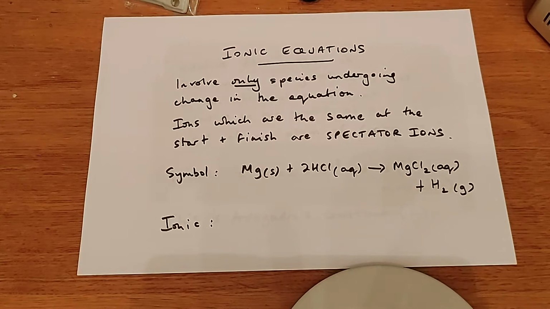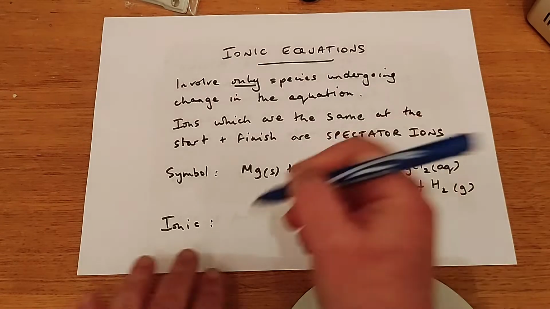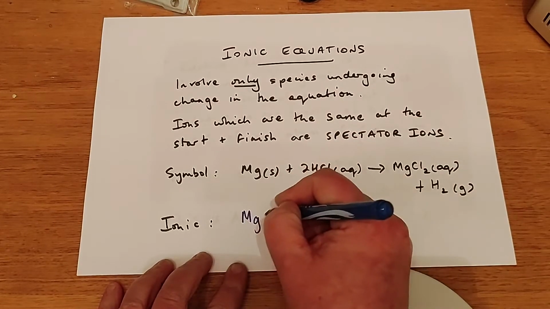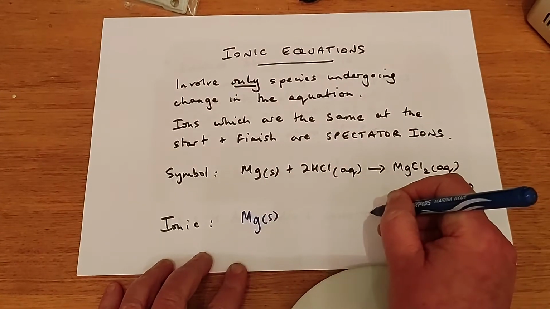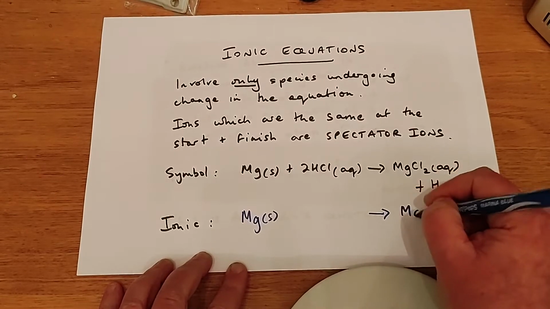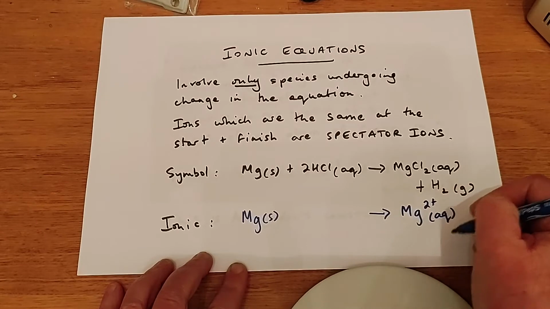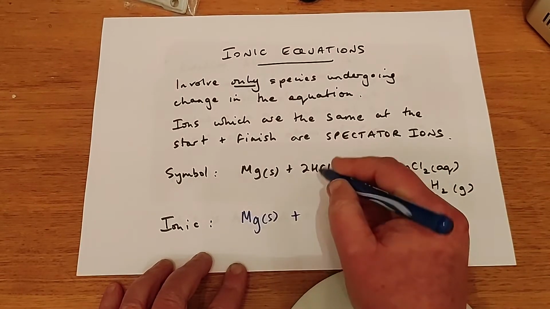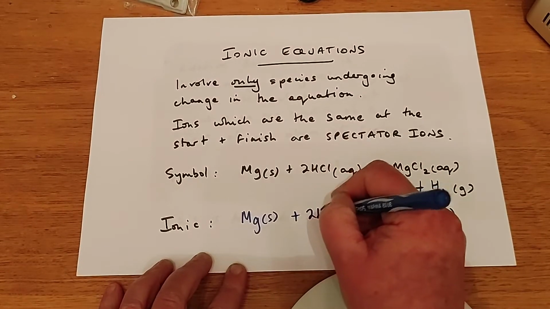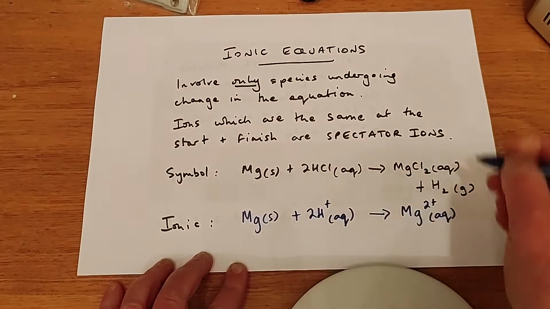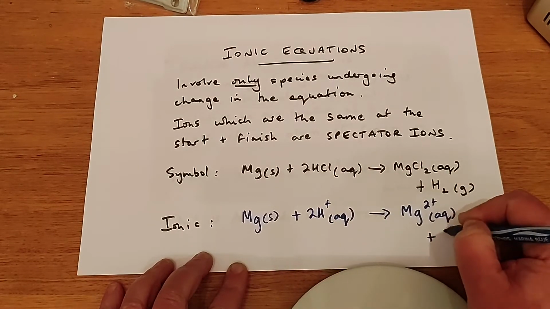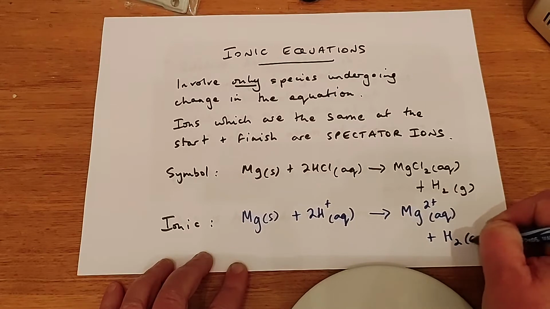When we look at the ionic equation for this same reaction, we only take into account the things which change. So the magnesium is changing to Mg2+, and it's aqueous. And the hydrogen, so here it's H+, is changing to hydrogen gas.